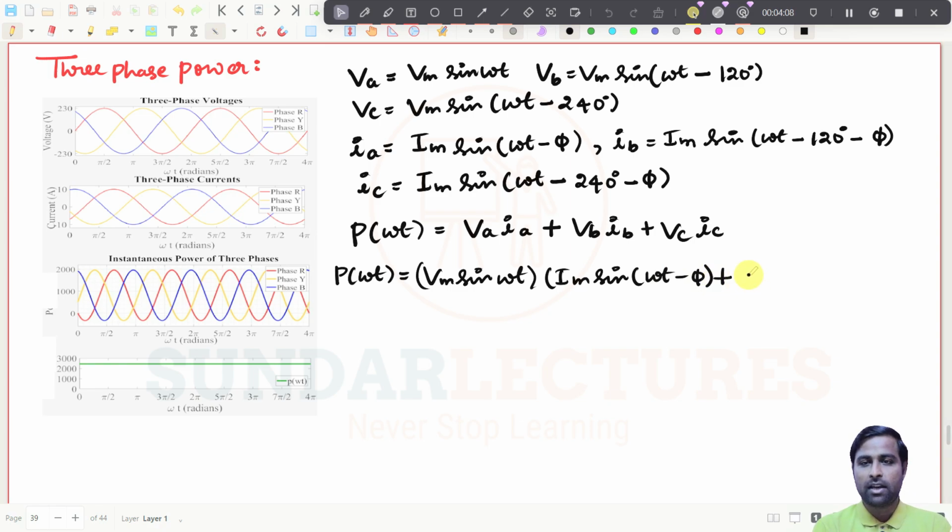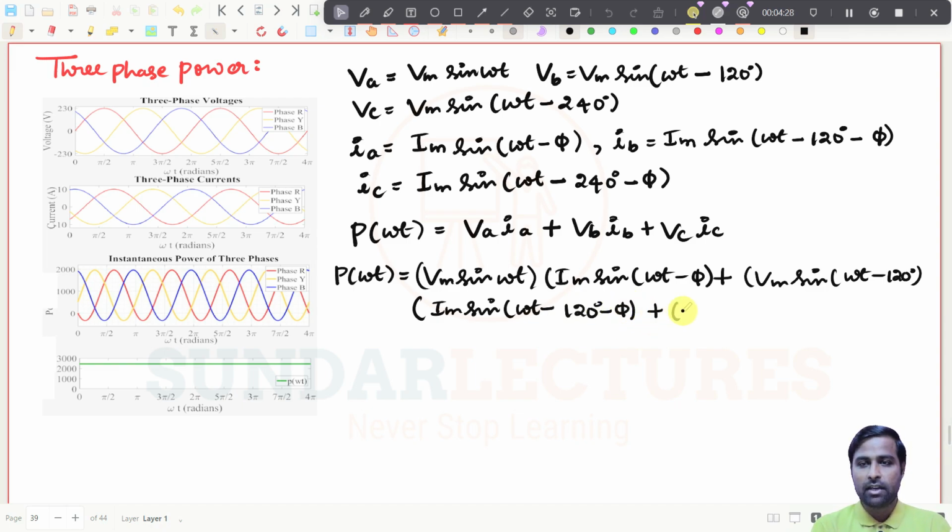Then plus Vm sine of omega t minus 120 degree multiplied by Im sine of omega t minus 120 degree minus phi.